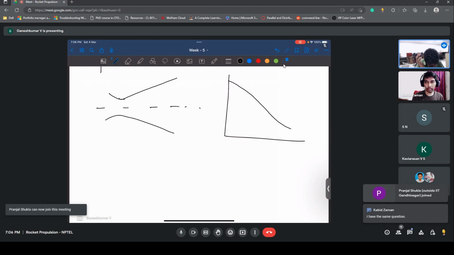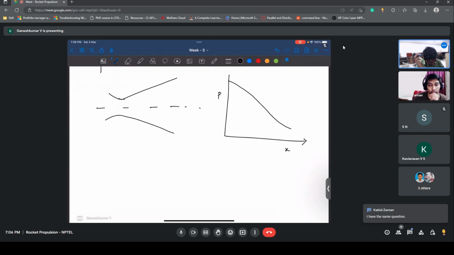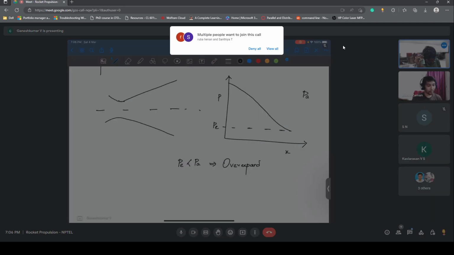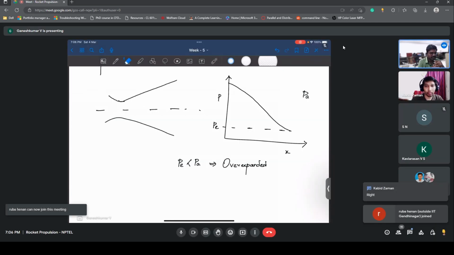Let's say this is the pressure versus X curve. Zaman also has the same question. Your nozzle expands to an exit pressure PE, and you have an ambient pressure PA. When PE is less than PA, then it is an over expanded nozzle, because you over expanded it.